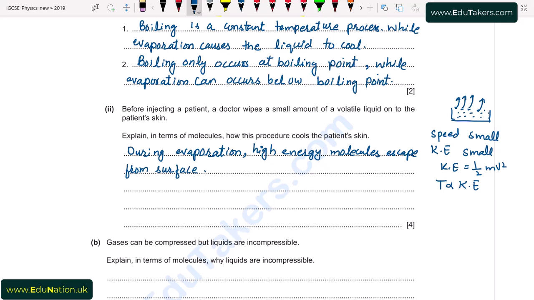This causes the liquid average kinetic energy to decrease, and so the liquid temperature drops.